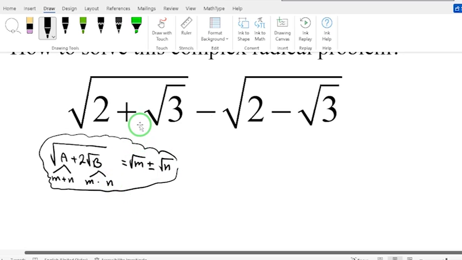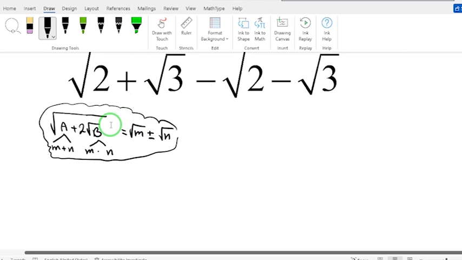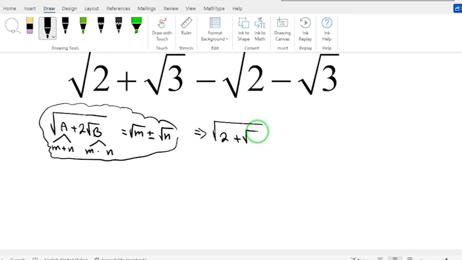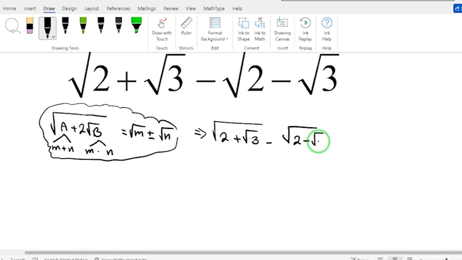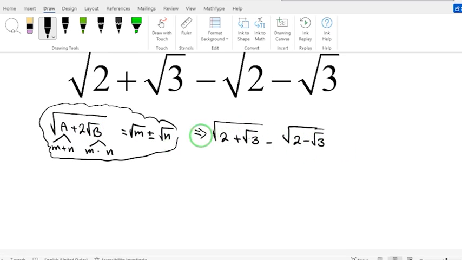But how can we solve this question? It's a little tricky. So here we can write square root of 2 plus square root of 3, minus the square root of 2 minus square root of 3. But you first have to prepare this expression in the form of a compound root, a plus 2 times square root of b.